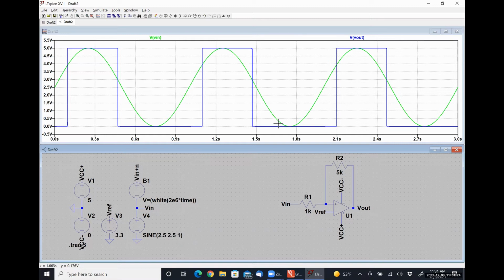All right. So what we can see here is that when our input exceeds something in the ballpark of 4 volts, our output swings high. But it doesn't go low when it gets less than that 4 volts.